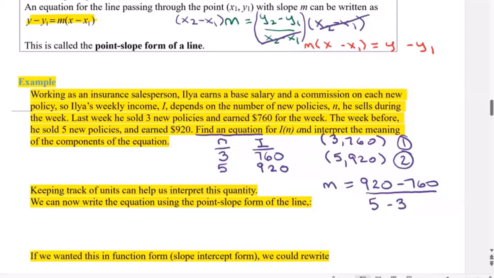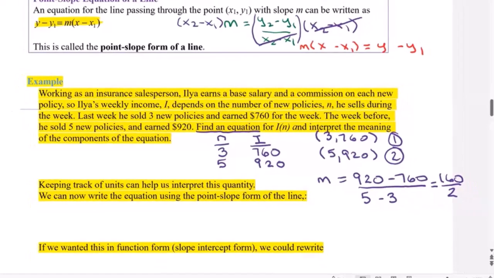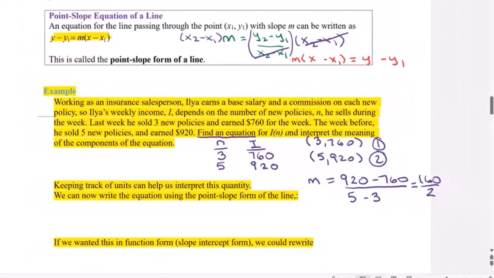This gives me 920 minus 760 is 160 divided by 2, which means my slope here is equal to, it's a little smaller, this is equal to 80. Okay, so I found the slope or the rate of change of this function.